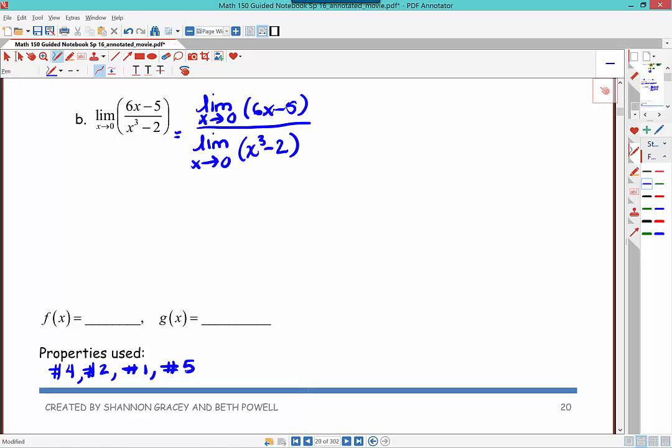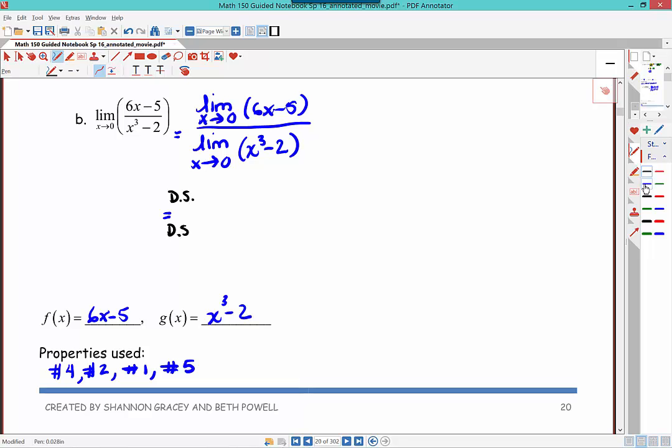But in this case, we're going to just break down the f of x and g of x as f of x is that numerator, 6x minus 5, and g of x is that denominator, x cubed minus 2. So, here we go. Using direct substitution, we're going to use direct sub in both of them.